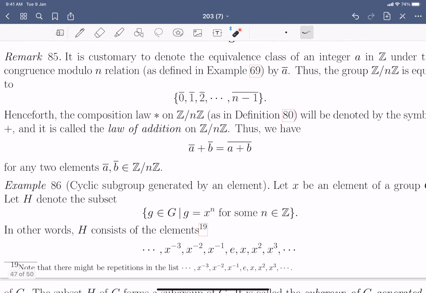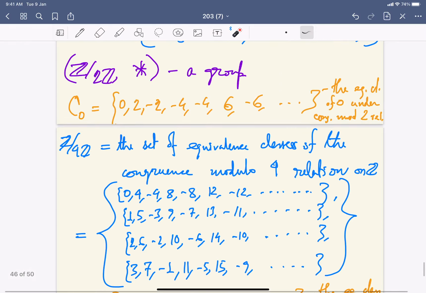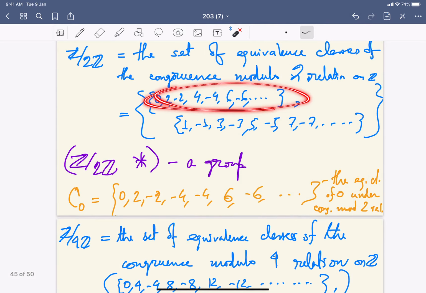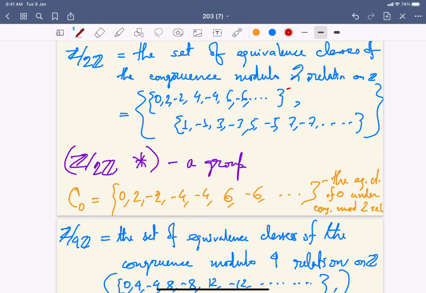Just a few more notations to introduce. It is customary to denote this by 0 bar, or 2 bar, or minus 2 bar. Do not write this kind of equality within the set; that is not allowed.